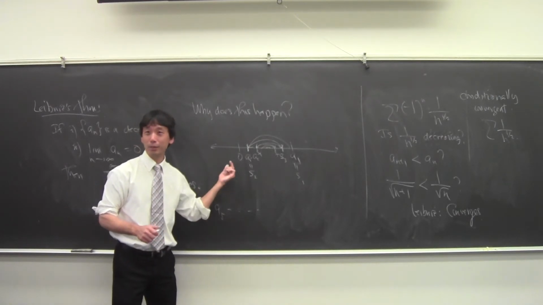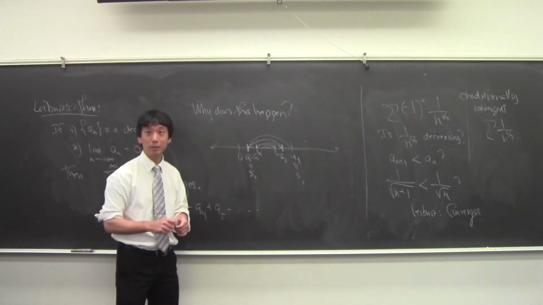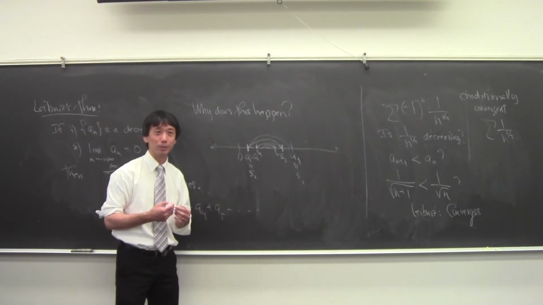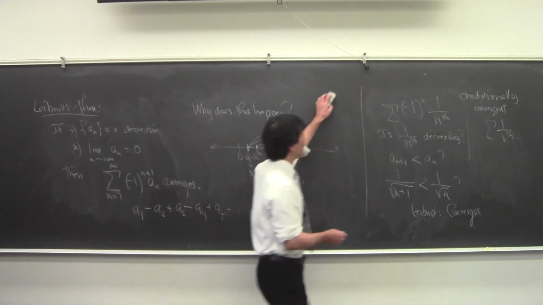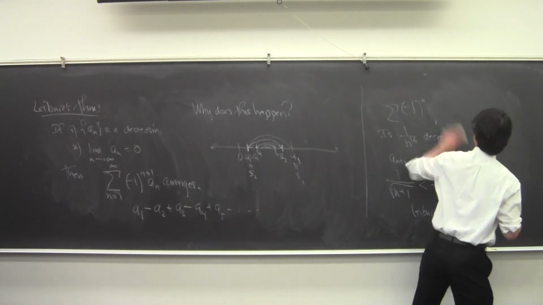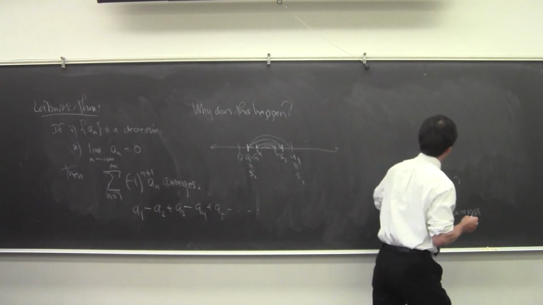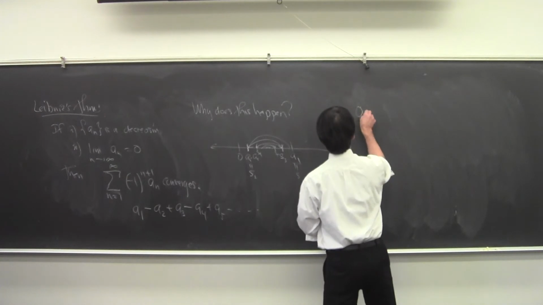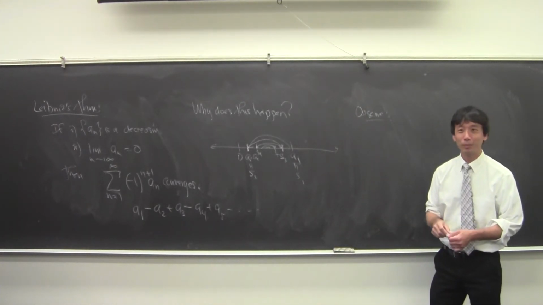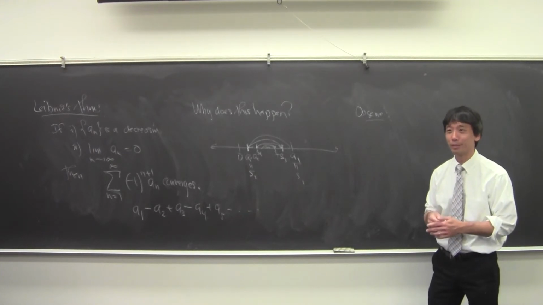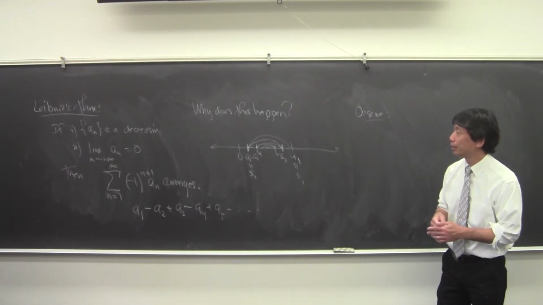So let me ask you to say one thing. What do you see about the odd partial sums or the even partial sums? Evens are closer to 0, odds are closer to a1.